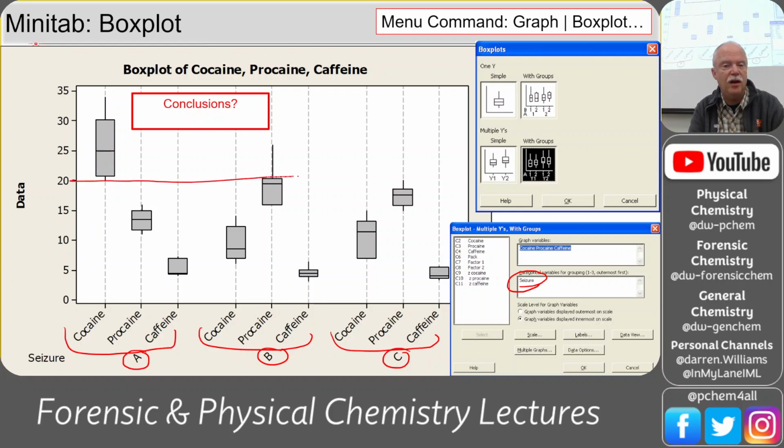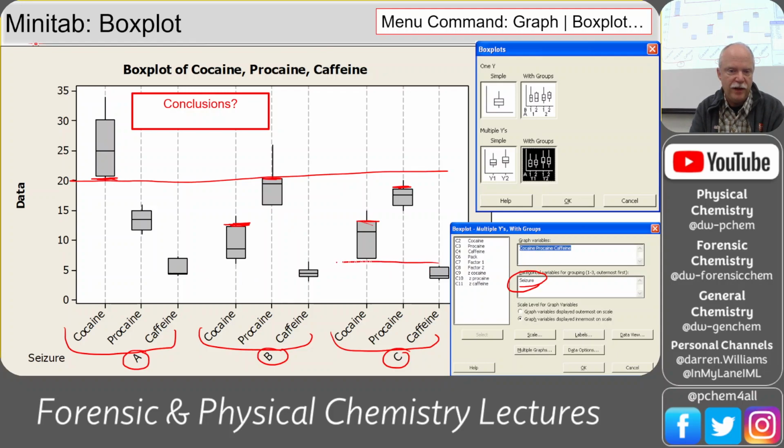If you could draw a line between the bottom of this box and it goes above the tops of the other boxes, then you know it's different. In fact, we're comparing cocaine to cocaine, and you see there's a huge separation between those boxes. If the boxes overlap, let's look at caffeine.